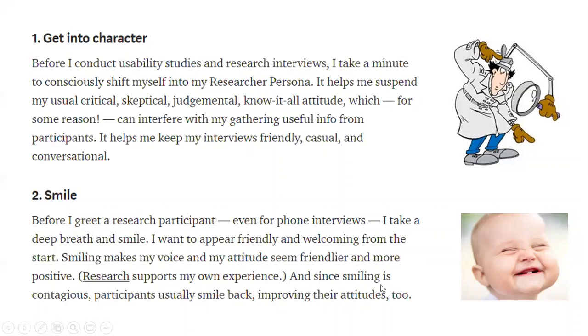And here in the end, I like this because smiling is contagious. Participants usually smile back, improving their attitude too, because people will feel comfortable if you are comfortable too. So make sure that you smile, but don't overact, obviously. Don't show all your teeth. Just a simple, soft smile.